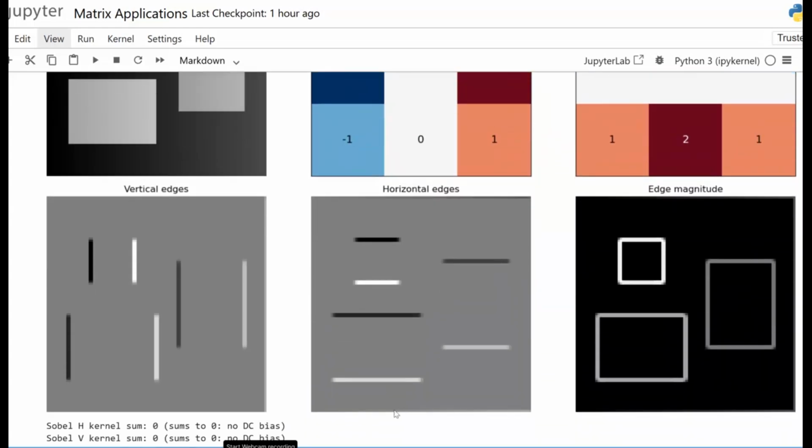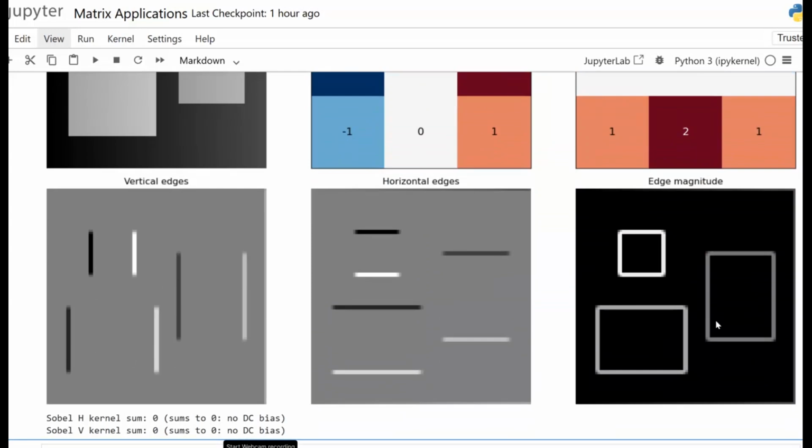And last but not least, it is all about the edge magnitude combining both vertical and horizontal. This edge detection, of course, corresponds to high partial derivatives. And here Sobel filtering approximates the gradient using finite differences.